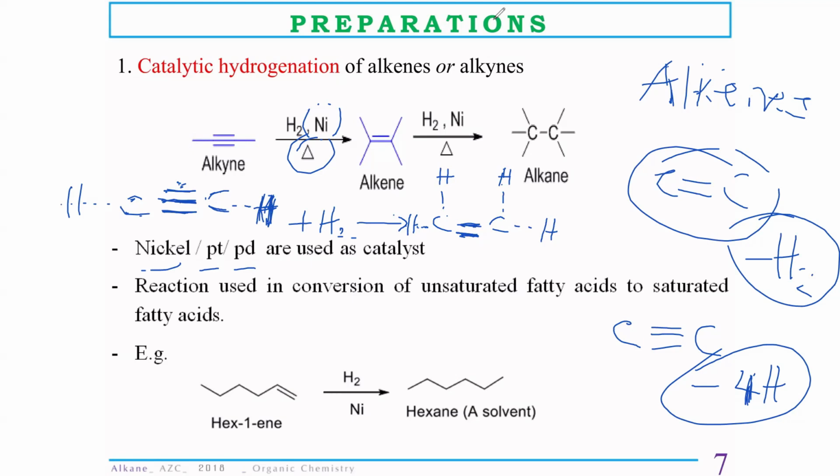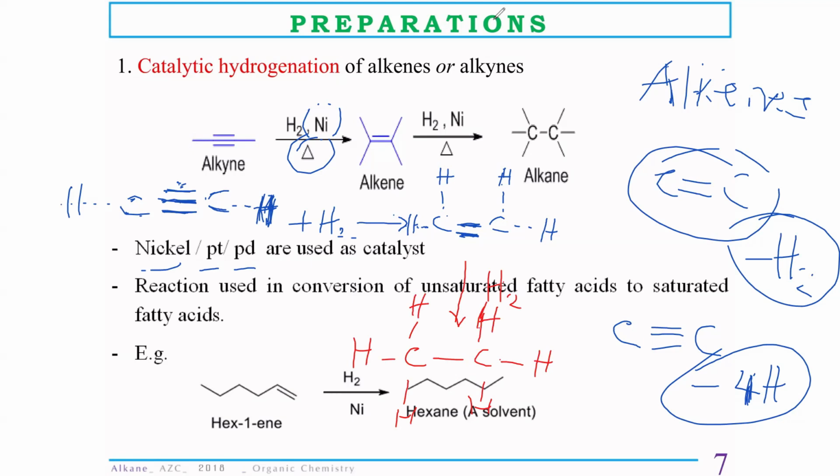And then in the next reaction, more hydrogen atoms will be added across the double bond. So at the end we have hydrogen here, another hydrogen added here, and of course another hydrogen here.